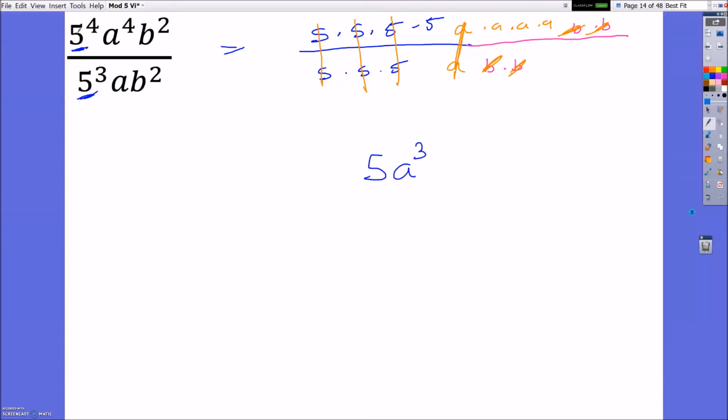And if you look at this, if I have 5 to the 4th all over 5 to the 3rd and I do 4 minus 3, that would give me 5 to the 1st power, which is just 5. A to the 4th all over a to the 1st, 4 minus 1 is 3. And then b to the 2nd over b to the 2nd just cancel out, so they're gone. Okay?